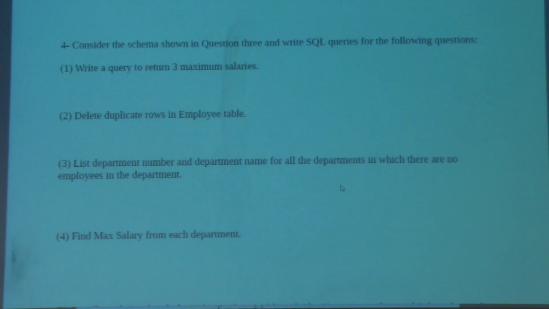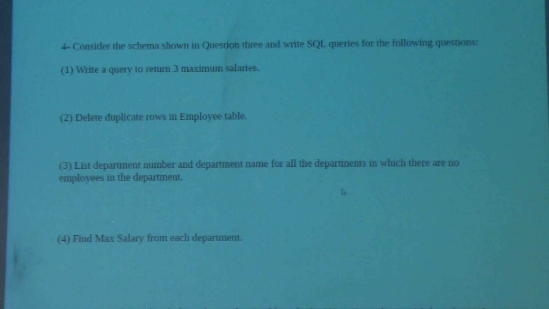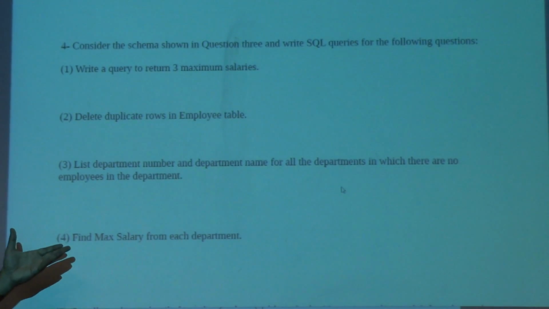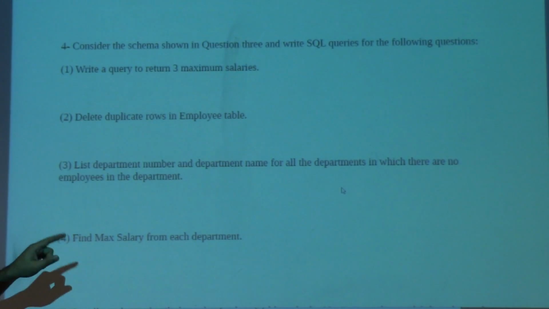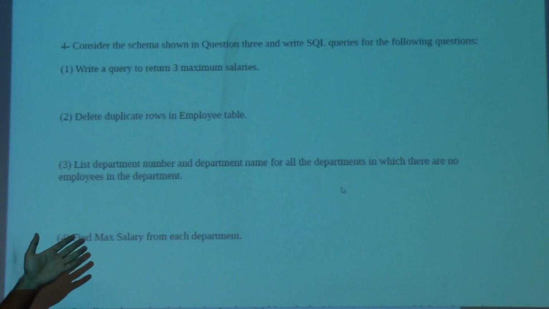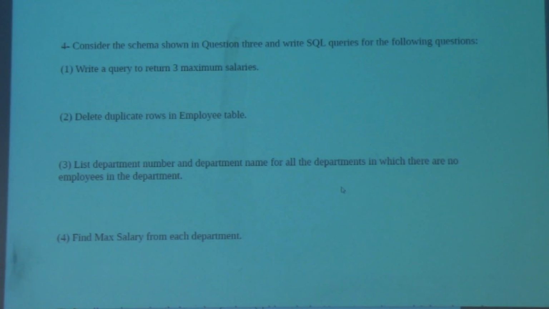Nested queries. My method is to first find the departments that have employees.